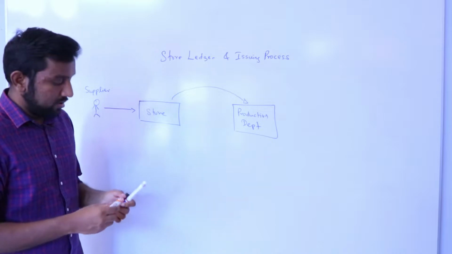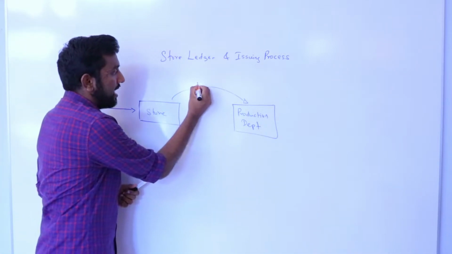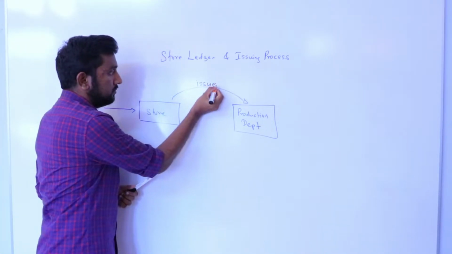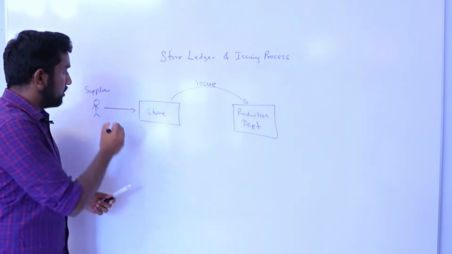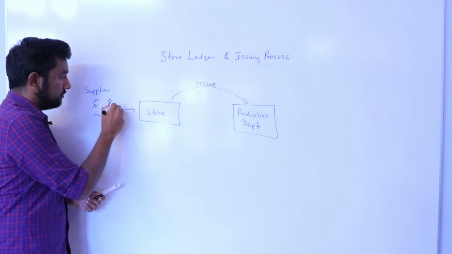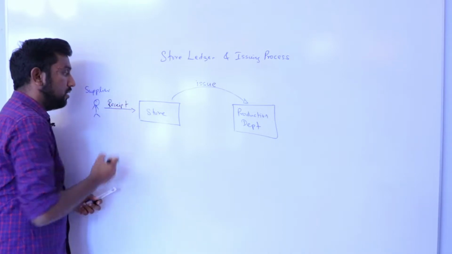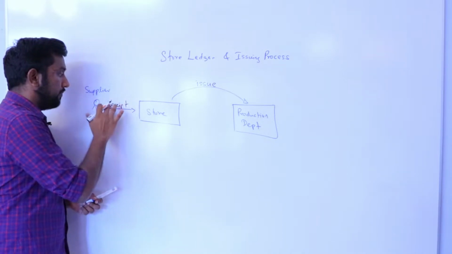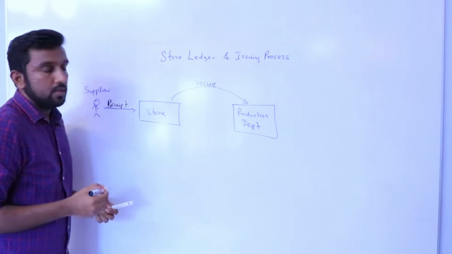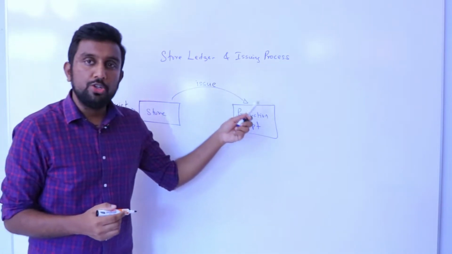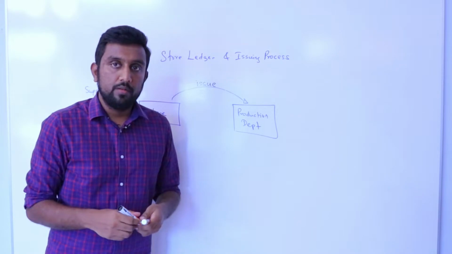So this is what we call issue, and this is what we call receipt, meaning the quantity we are receiving from the supplier and the quantity we are issuing to the production department.